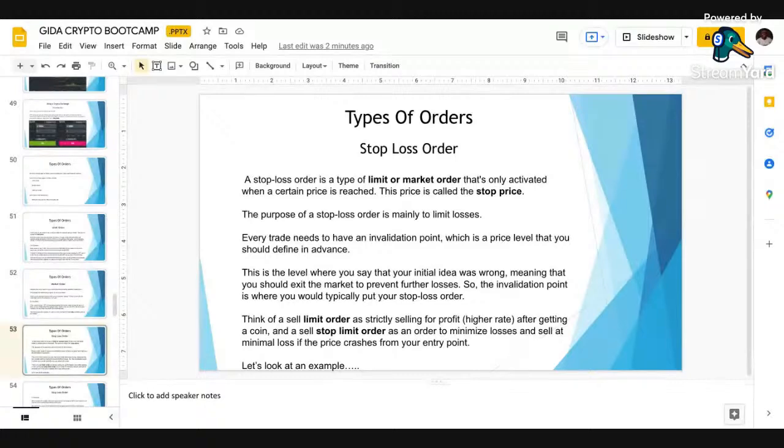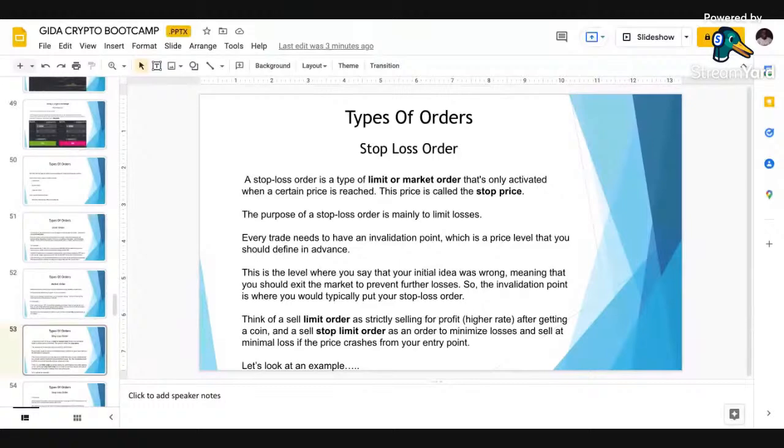So you can use stop loss order in two ways. Let me say it again so you can get it clearly. Stop loss orders are of two types. Some exchanges use stop limit, some use stop market, and some allow you to choose any one you want to use. So we can have the stop market order, and then we can have the stop limit order. What is market order normally?